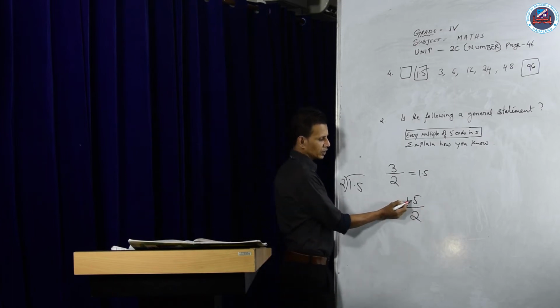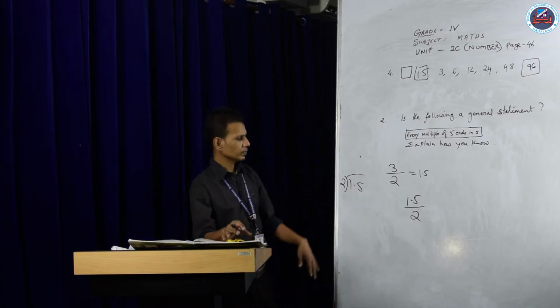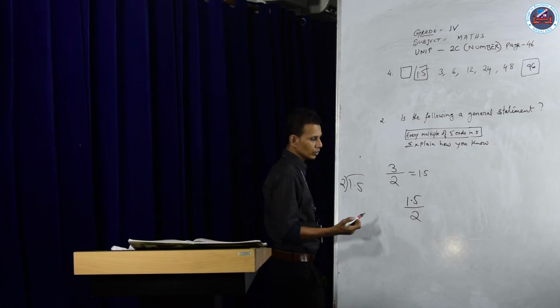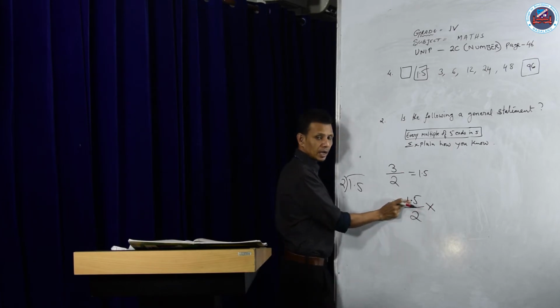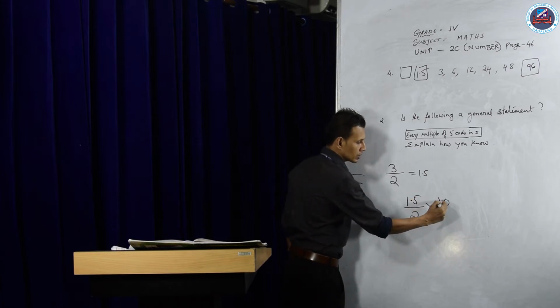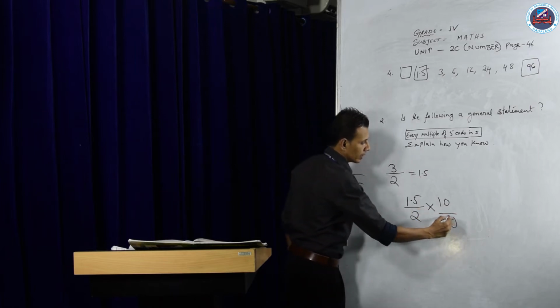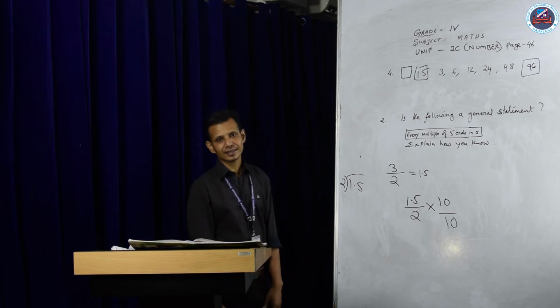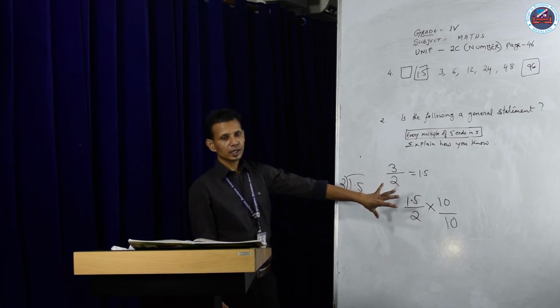Are you scared of this decimal? Remove it. How will you remove it? After the decimal, how many digits are there? Only 1. That means you put only one 0 in both numerator and denominator. That's it. Now when you work this out, there will be no decimal.